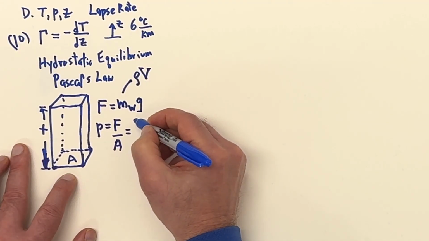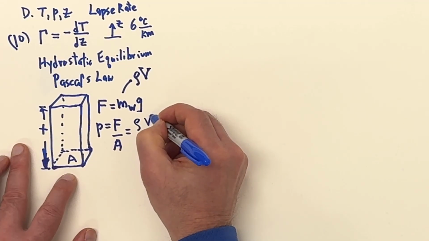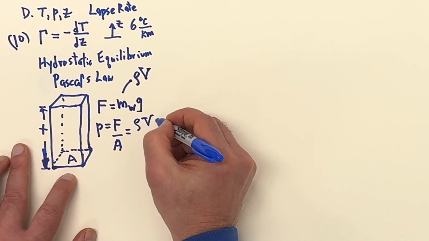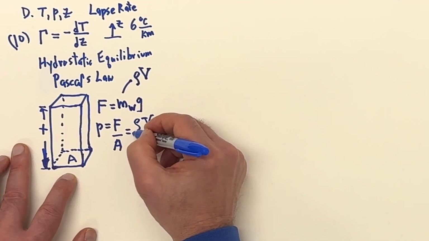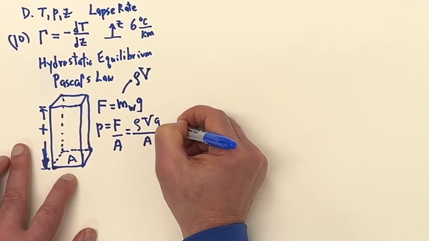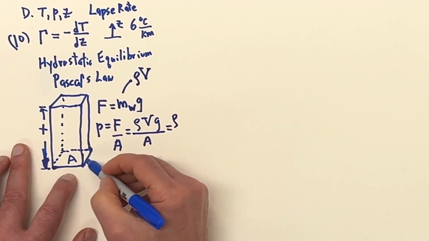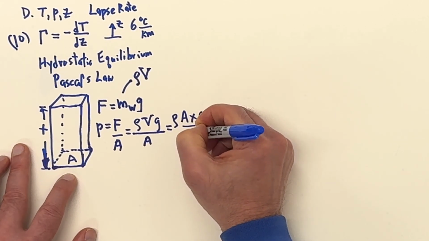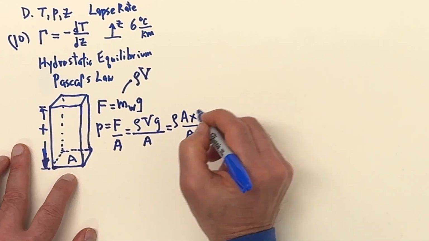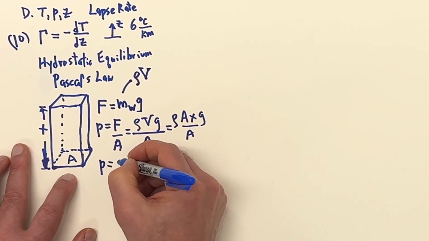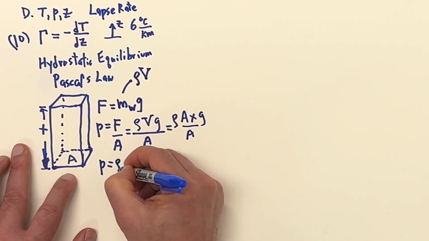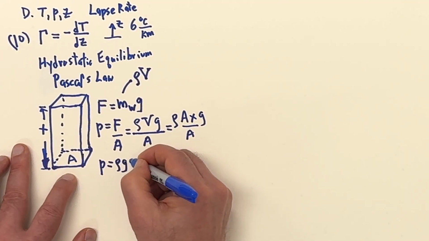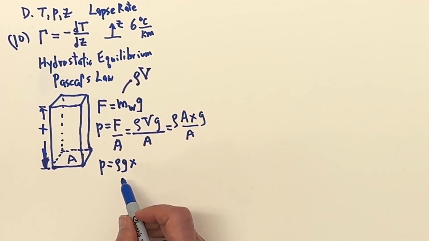So if we put this together, we'll have rho times the volume times the g, and that's over A. But the volume is equal to the area times the depth. Now you see the areas cancel out, and for the pressure, you get rho g x. Now that's Pascal's law.